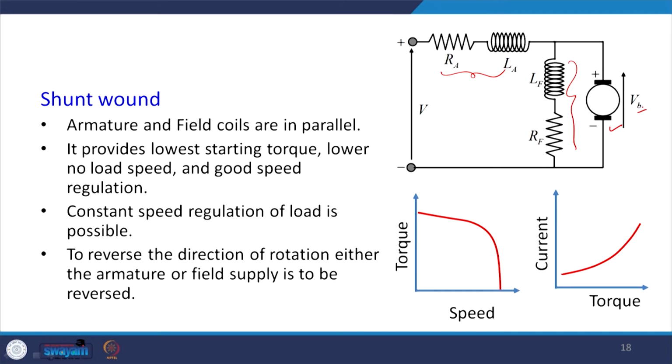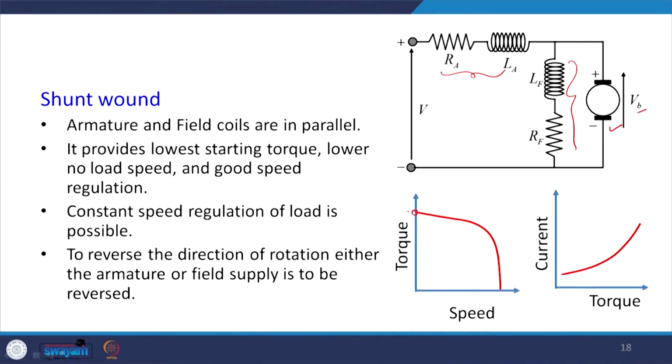So, here the armature and field coils are in parallel, and it provides lower starting torque, lower no load speed, and good speed regulation. So, this starting torque is lower, this no load speed is also lower, and you can see that this portion is almost a straight line.